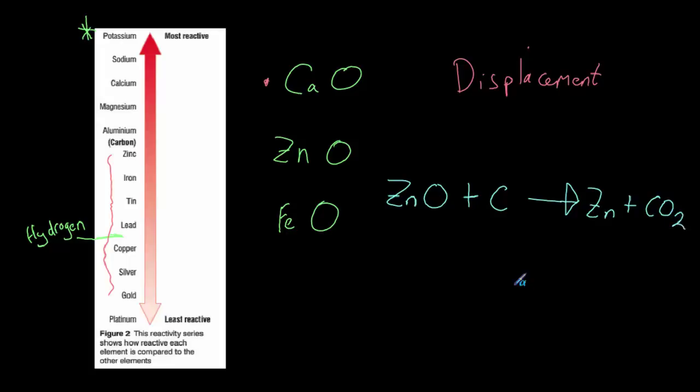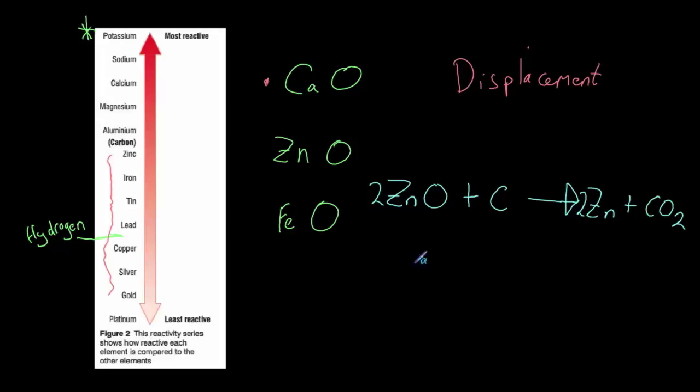You'll notice here that these aren't balanced, so what we need is 2 oxygens because we've got 2 oxygens in CO2, so we're going to need 2 of these. But if we have 2 of these, then we're also going to need 2 of our zinc metals to balance that. This is a displacement reaction which is used in the production of a pure metal, which is less reactive than carbon.